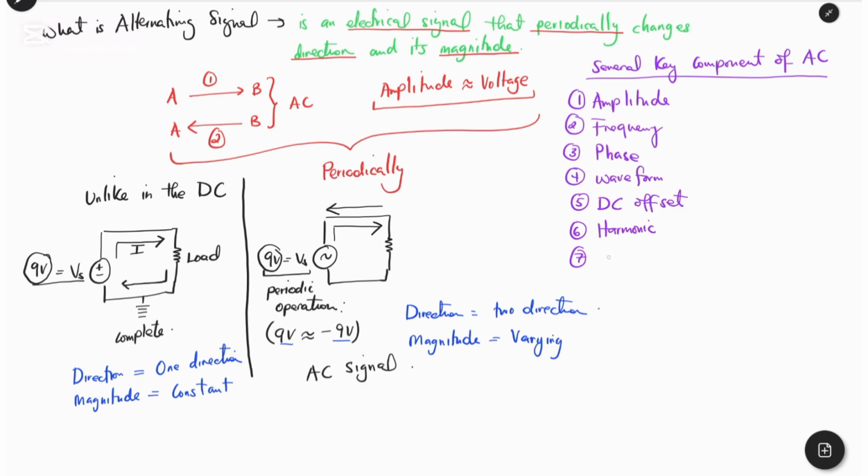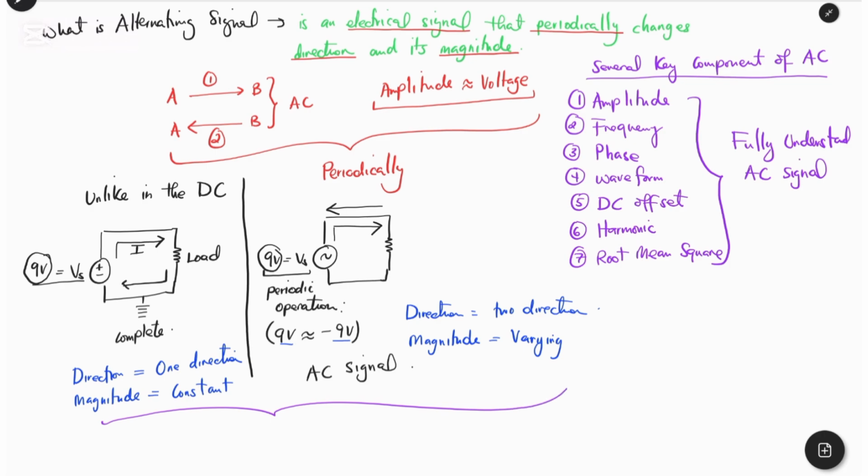And seven is the root mean square. When we cover all of these components, you will now be able to fully understand the AC signal. The basic comparison between the two I have made mention here.